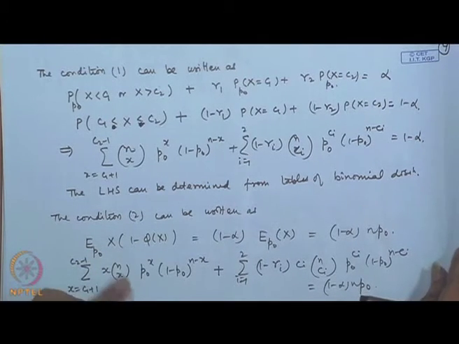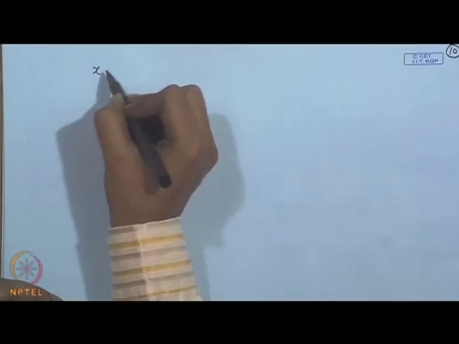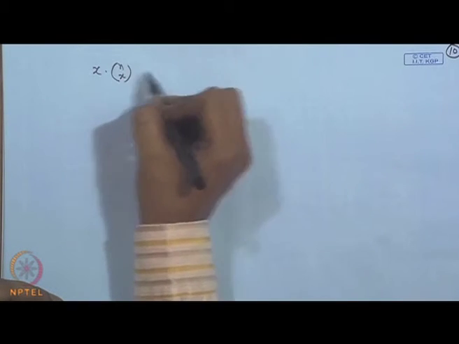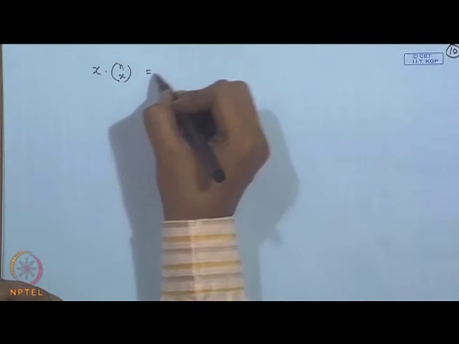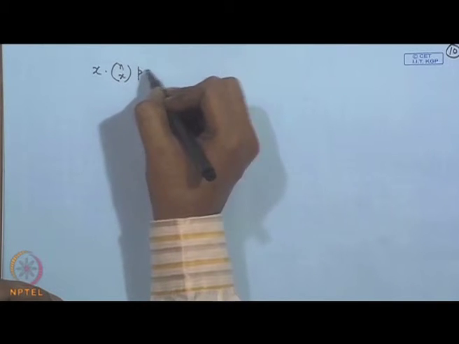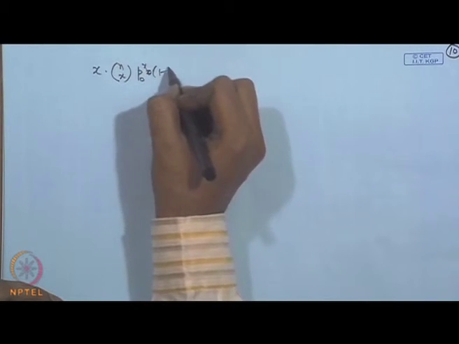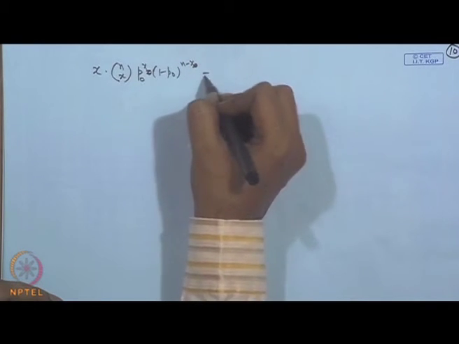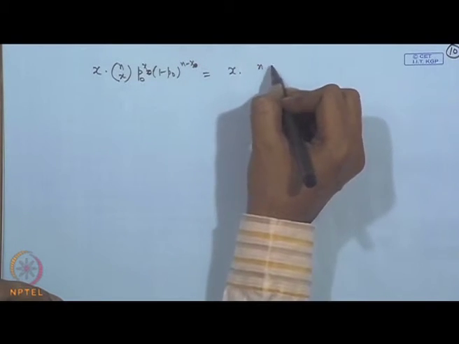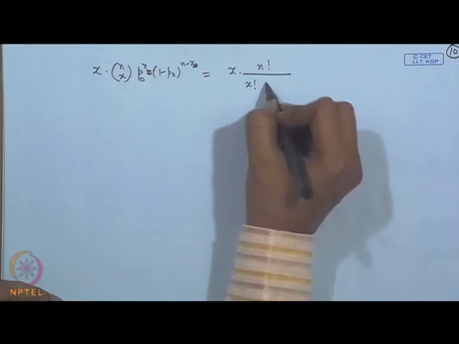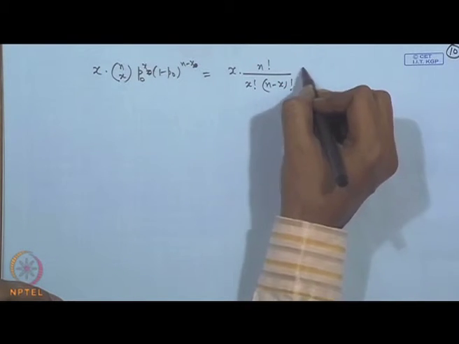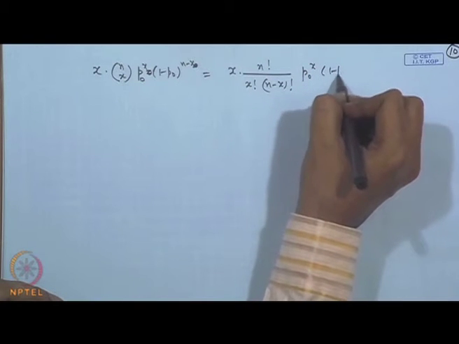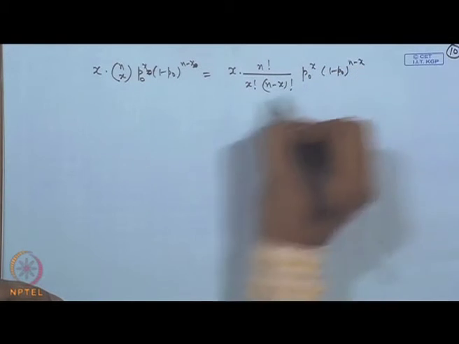Now, here we do some sort of simplification. See this x into n c x, and of course p naught to the power x into 1 minus p naught to the power n minus x. So, this is x into n factorial divided by x factorial into n minus x factorial, p naught to the power x into 1 minus p naught to the power n minus x.